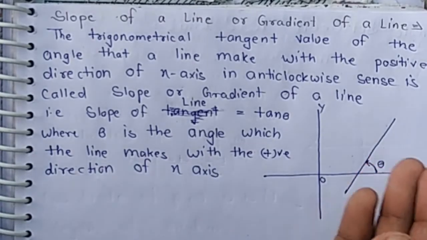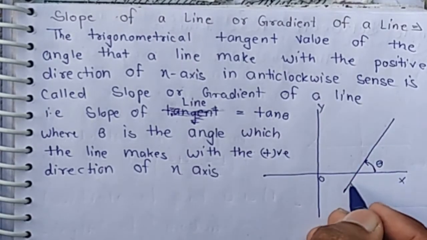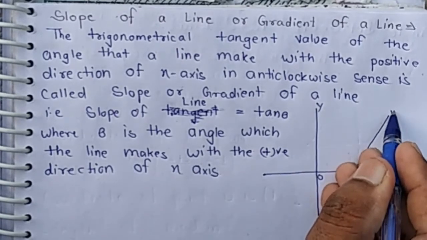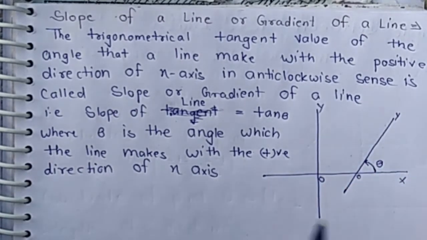Means if a line makes an angle theta with the positive direction of x-axis, then slope of tangent is given by m equal tan theta.